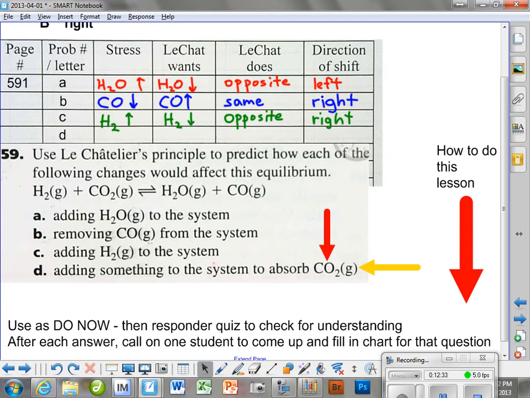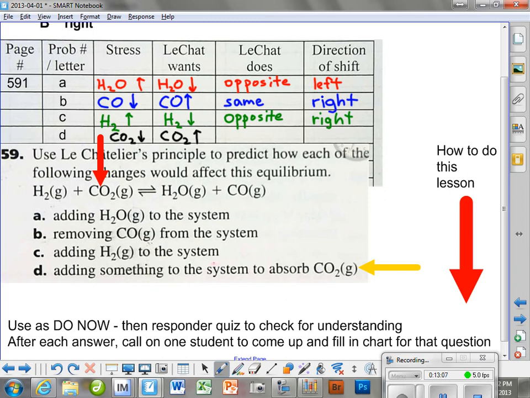Now it doesn't really remove it, it just makes the reaction go in such a way that it will use it up. So carbon dioxide, that's our baby, and the thing that we want to do is reduce it. So the carbon dioxide concentration will go down. And Le Chat, meaning his naughty little teenager self, is going to take the CO2 and he wants it to go back up.